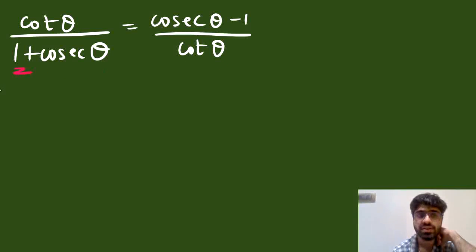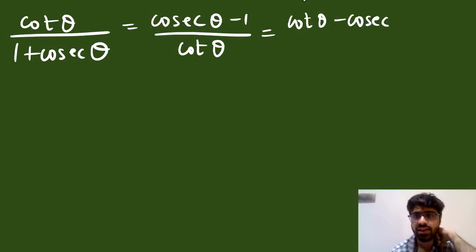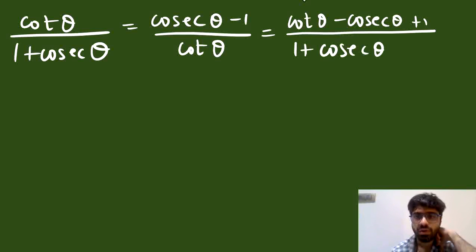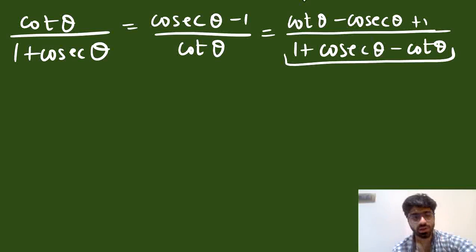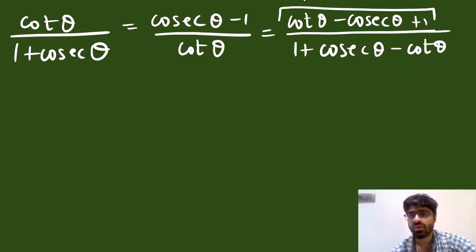So we are actually subtracting the numbers, left hand side minus right hand side. That would give you cot theta minus cosec theta minus of cosec theta minus 1. When you open the bracket, it would be minus cosec theta plus 1 divided by 1 plus cosec theta minus cot theta. I am sure you will ask whether our numerator is the way we wanted it to be.